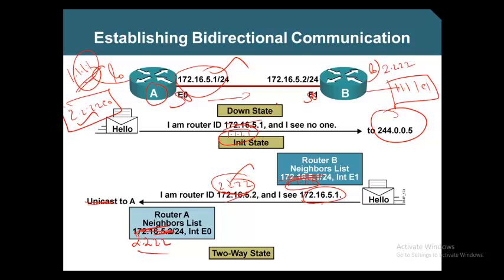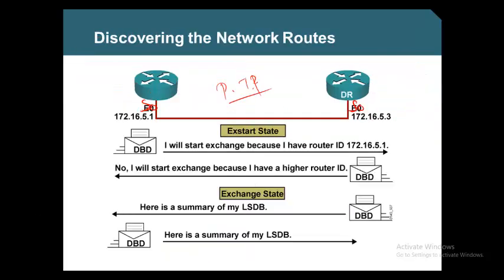Now these two routers undergo election. Yes, in point to point also there is an election. In broadcast also there is an election. When I say broadcast, it means an Ethernet segment.